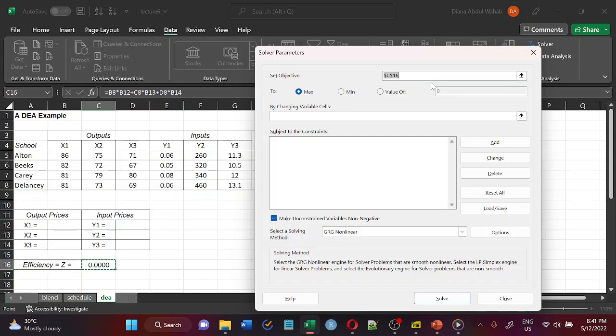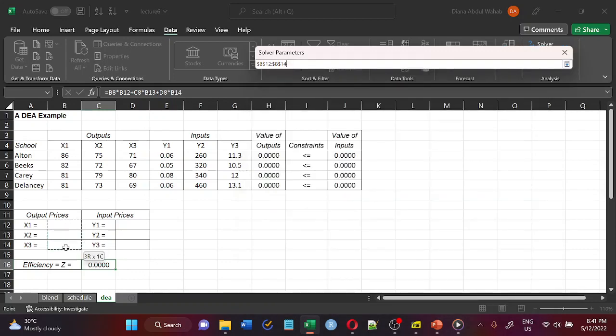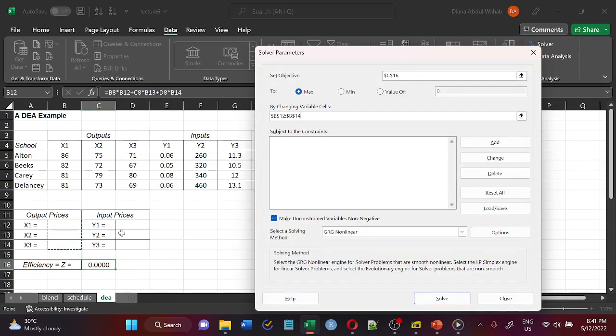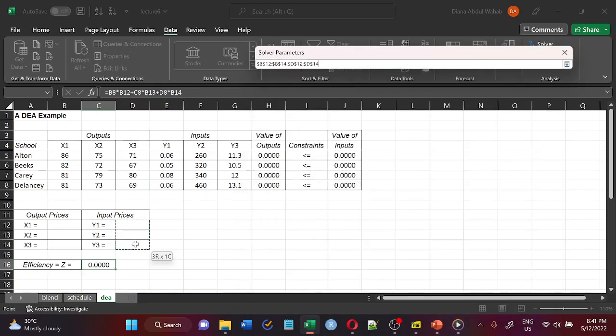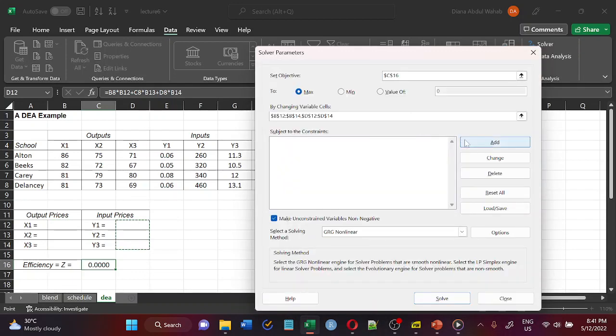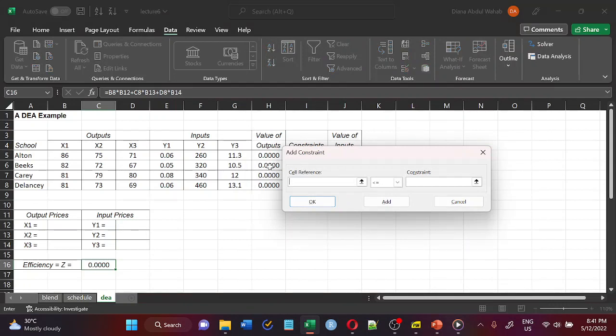We put setting the objective as C16. This is by changing the variables from B12, changing the variables of this one, as well as the column D, and then we set the constraints.